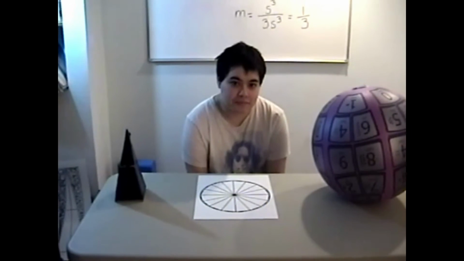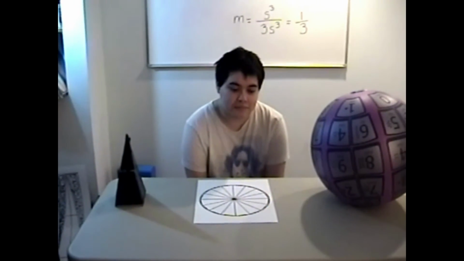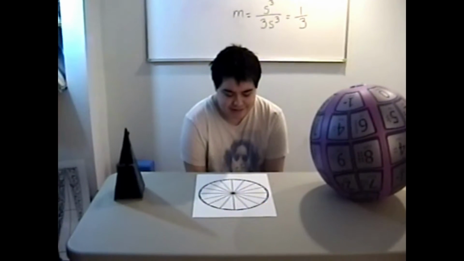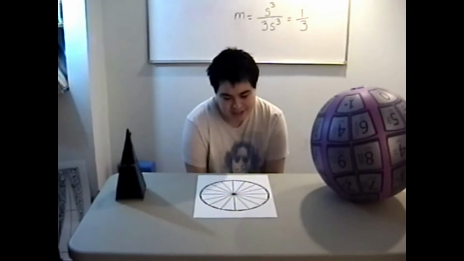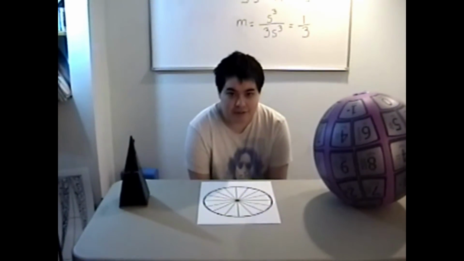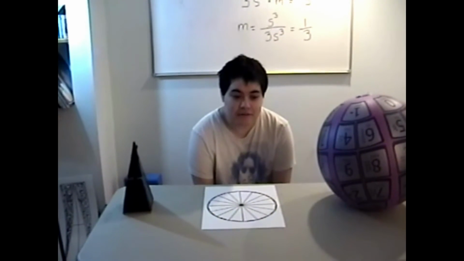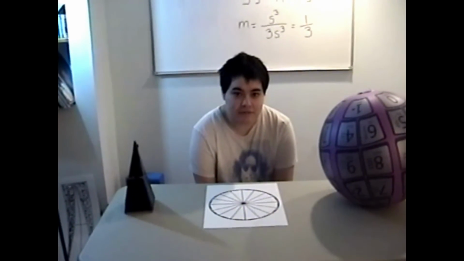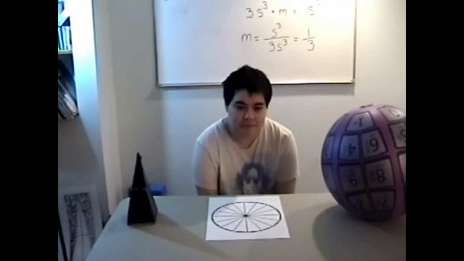Hey Russell, let's review. What can you tell me about that circle in front of you? This circle has the most triangles and the least amount of black space. Okay, which seems to suggest that when you put together lots and lots of really skinny isosceles triangles, you can get a good approximation of a circle.